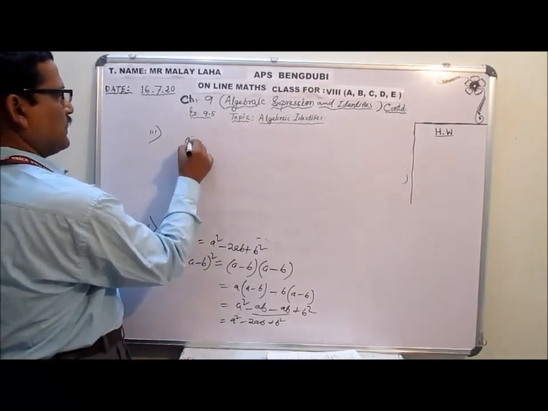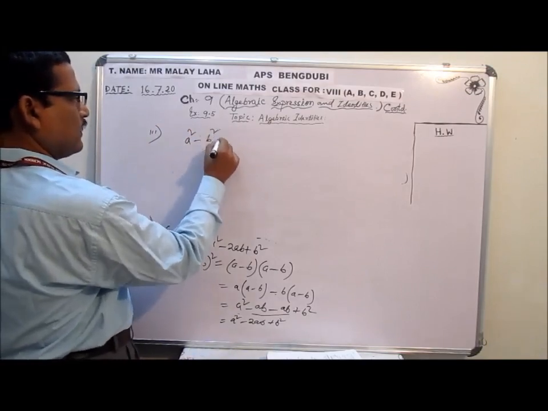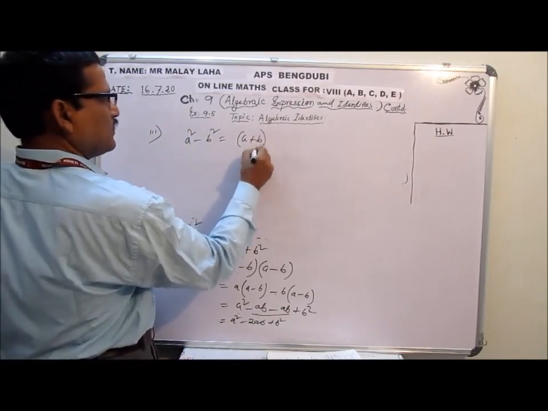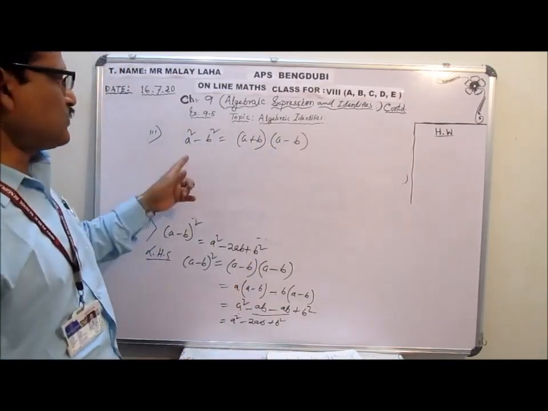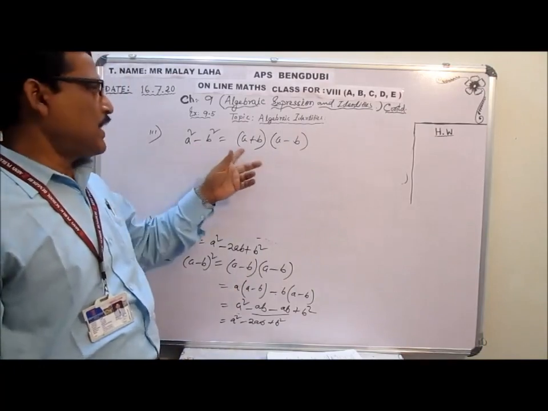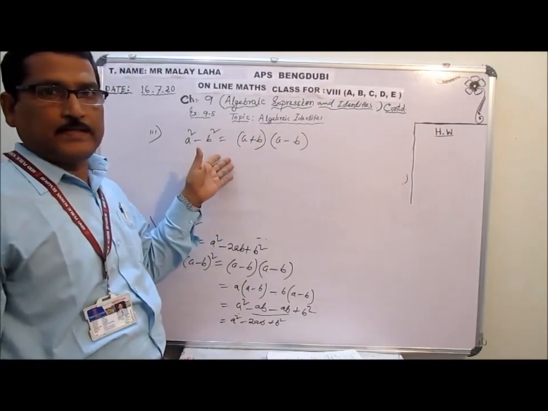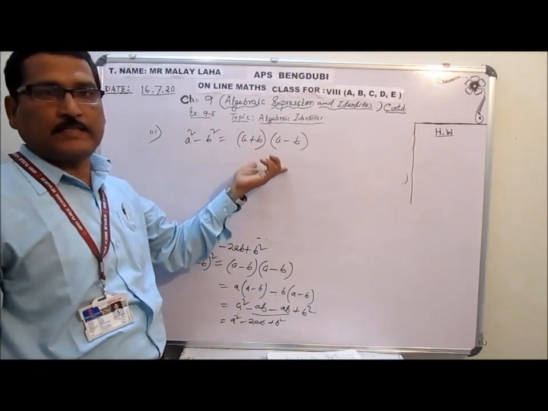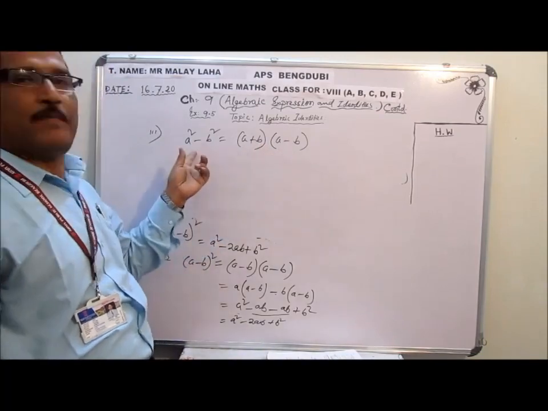So it was a square minus b square equals (a plus b) into (a minus b). Sometimes what happens, a square minus b square form is there, I told you, I have to write down (a plus b) into (a minus b). To prove this identity, this time I will take the right hand side first and calculate it, because after reducing, I will get a square minus b square.